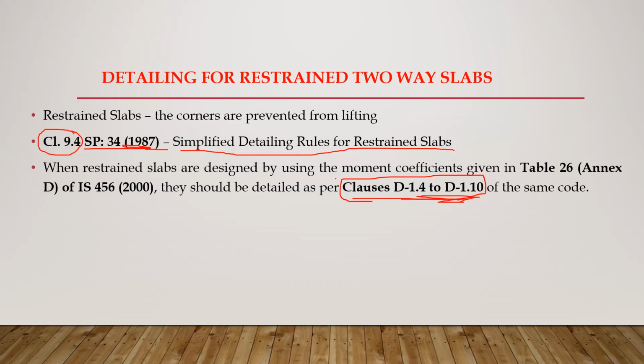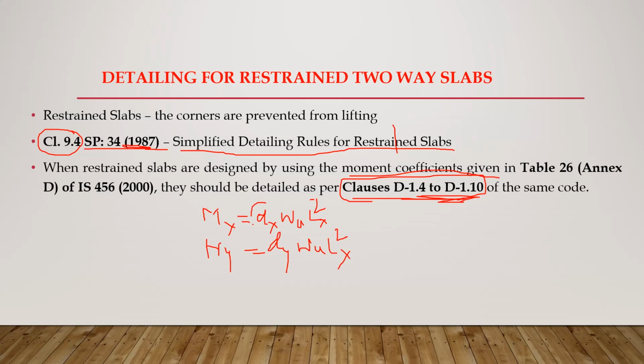When restrained slabs are designed by using the moment coefficients given in table 26 of IS 456, that means, if you can remember, we designed our slabs based on moment coefficients: the moment in X direction is alpha X into W into Lx square, and the moment in Y direction is alpha Y into W into Lx square again.